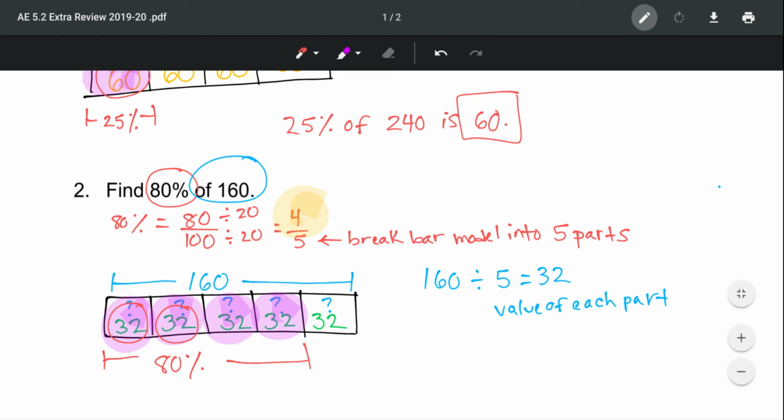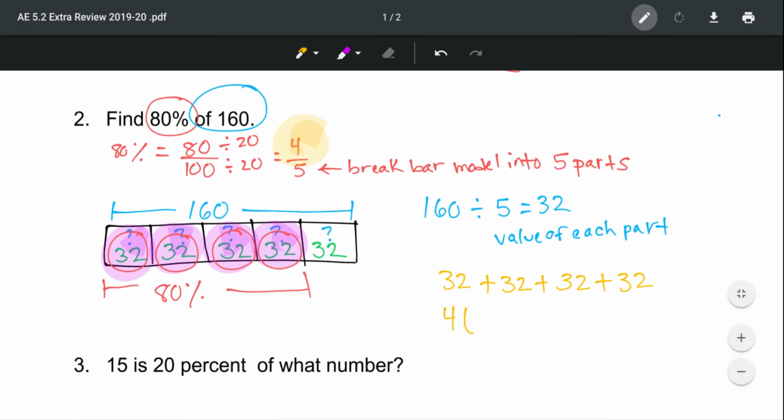So you can add 32 plus 32 plus 32 plus 32, or you can take 4 times 32 to get the answer. You get 128. So 80% of 160 is 128. The answer we're looking for is 128.